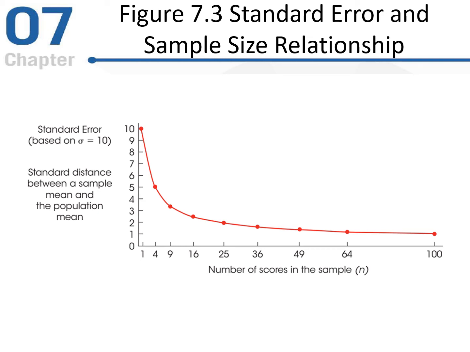It's kind of asymptotic at this point. But you see the huge decrease in standard error from a sample size of 1, which is an individual score, compared to a sample size of 36, right? It goes down pretty rapidly. And that's why you want those samples of 30 or more, because you're going to get much smaller standard error of the means.